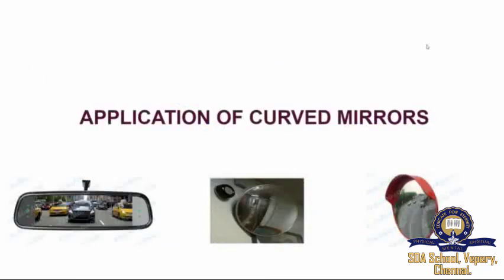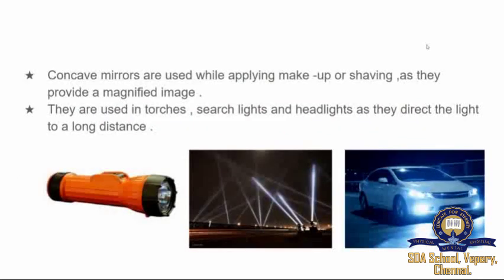Now we will see what are the applications of curved mirrors. First, we will see about concave mirrors. Concave mirrors are used while applying makeup or shaving, as they provide a magnified image. They are used in torches, searchlights and headlights, as they direct the light to a long distance.